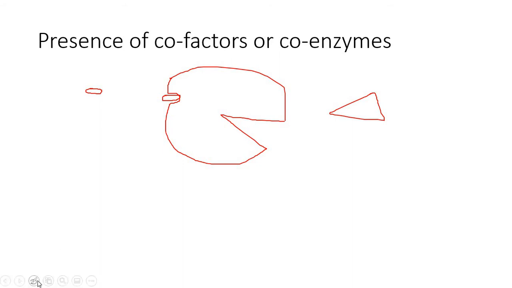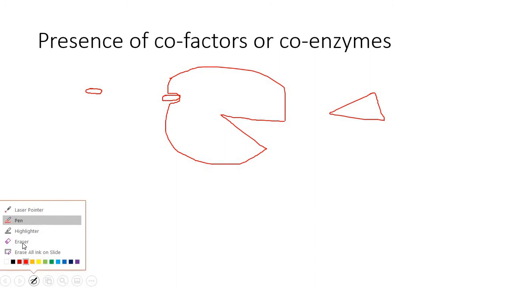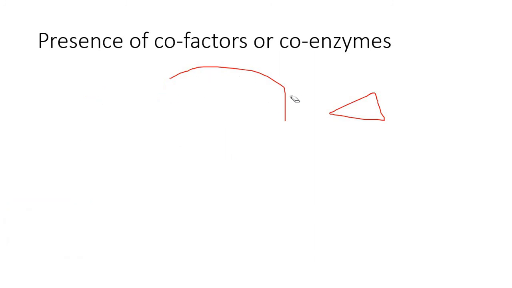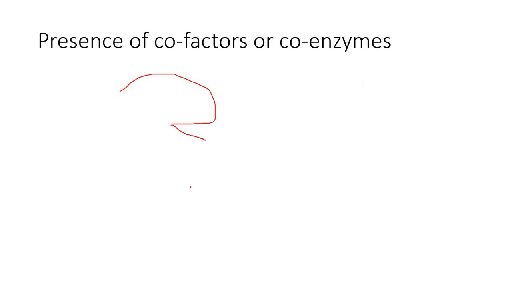So let me show this diagrammatically once again. I'll just erase everything, then I'll show this in a diagrammatic way. Say for example, this is the enzyme and this is the cofactor binding site, and this is the substrate. The substrate cannot bind because the enzyme active site is not complementary to the substrate. Now this is the cofactor.